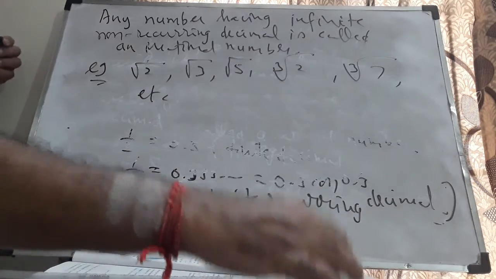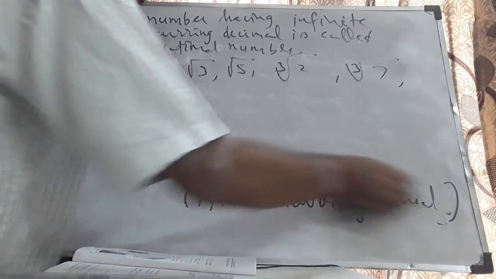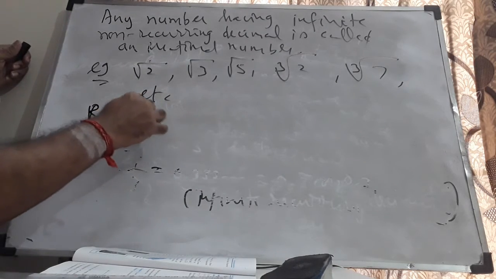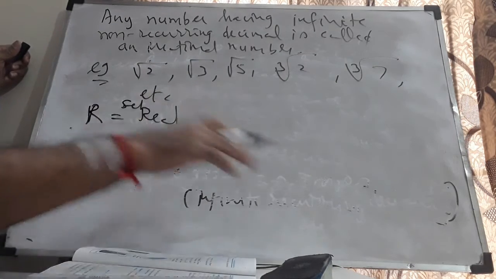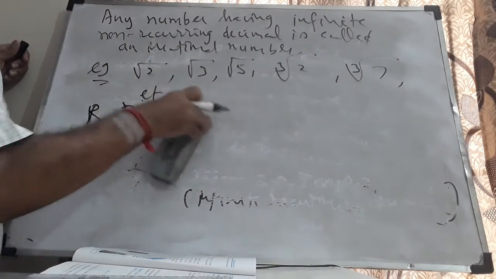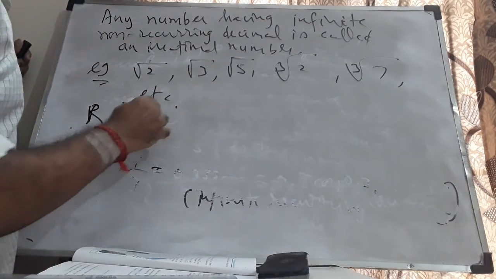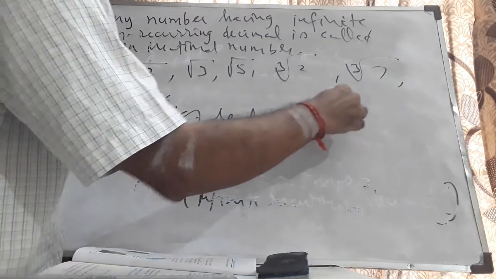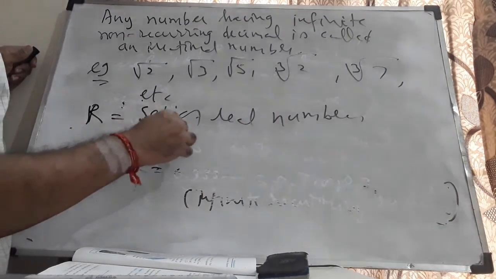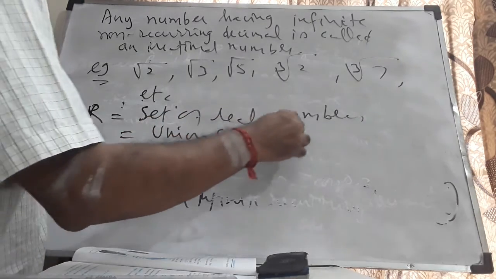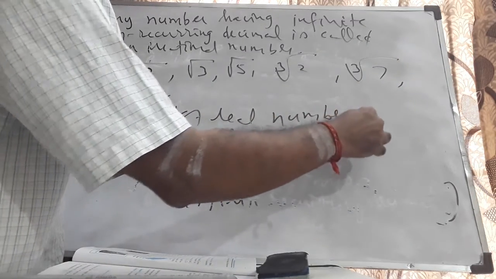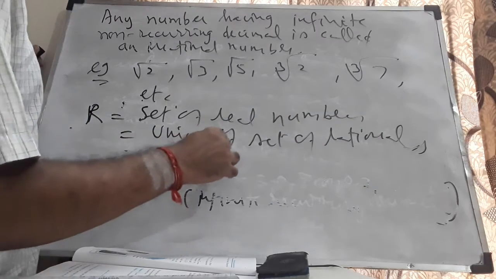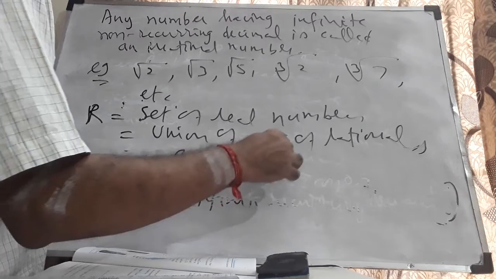The set containing both rational and irrational numbers is called the set of real numbers. Let me write: set of real numbers, which is equal to the union of the set of rationals and irrationals.